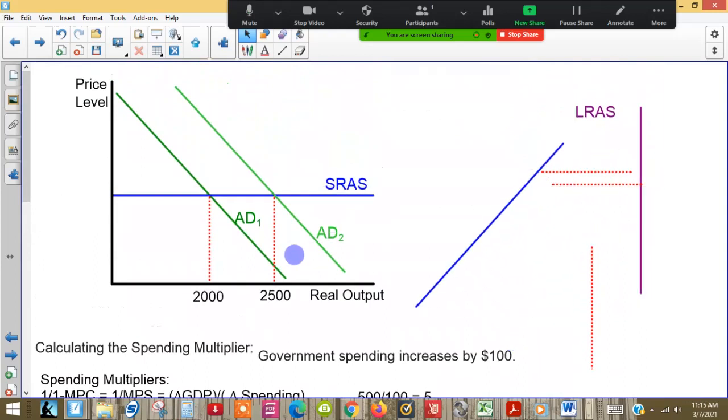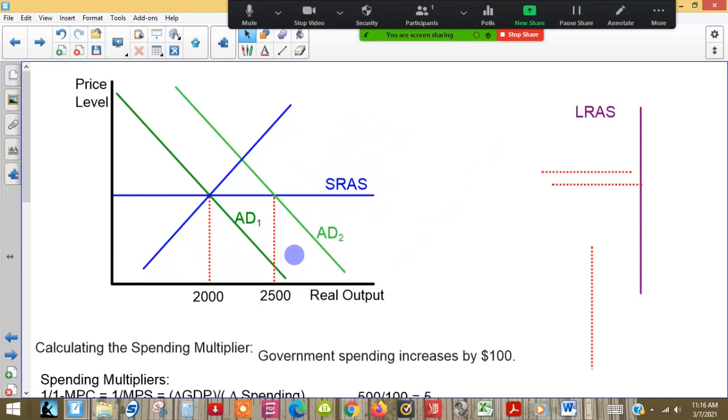So if we brought this guy over here, okay, now the question is, would a $100 increase in spending give you the same increase in real output?